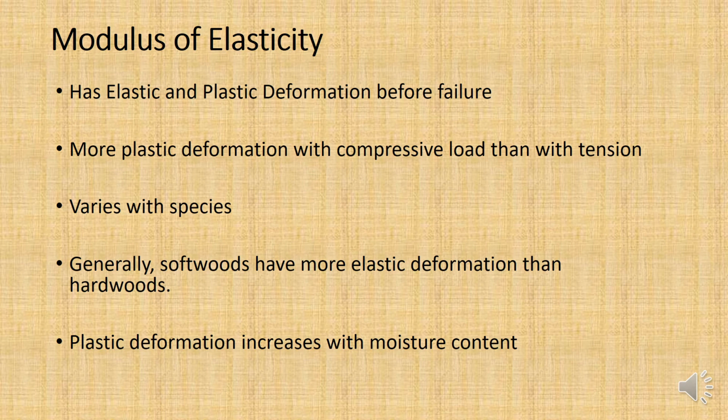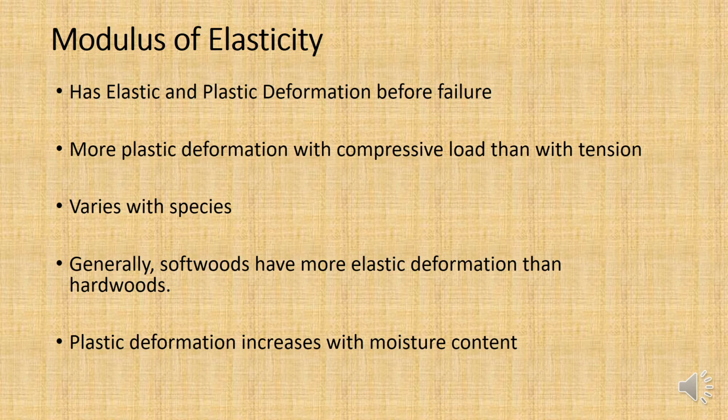And then there's plastic deformation, where the shape of the wood changes permanently. You can take the load off, but the wood has permanently changed its shape. It's been deformed. But that can happen before failure, before the wood actually breaks.